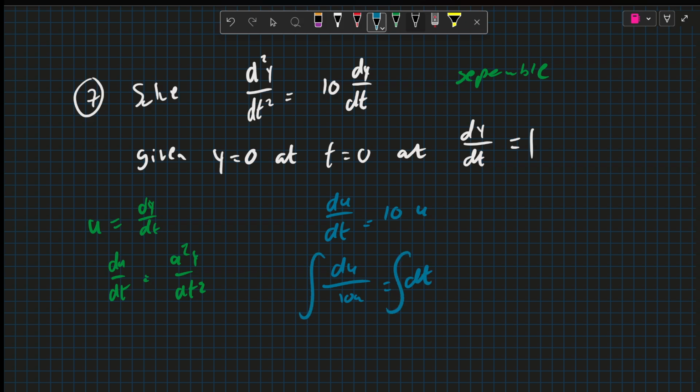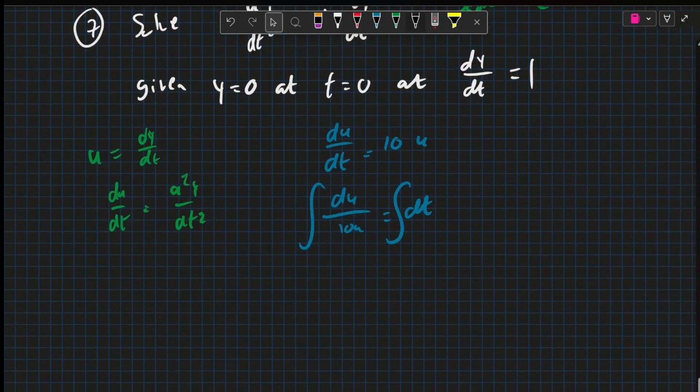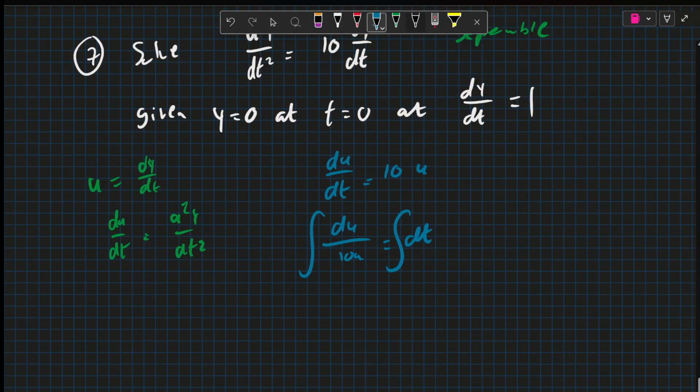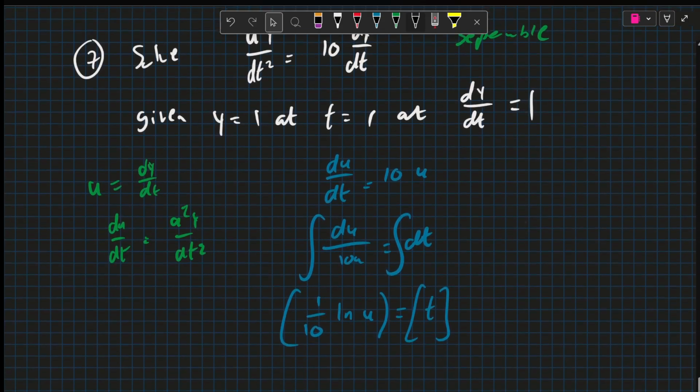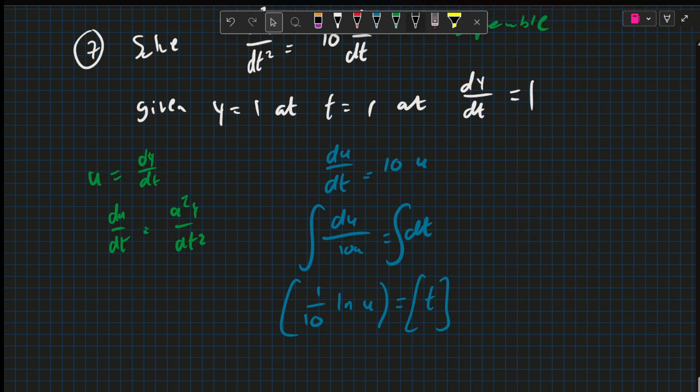Then integrate. Now we're told y is 0, t is 0. Now we're going to get natural log of 1 equals, natural log is 0, so I might have to change these all to be 1. So it's going to be 1/10 natural log of u equals to t, and then we're going to be evaluating these. We want general expressions, so y is 1, a 2 is 1. So dy by dt, we're going to get du by dt.